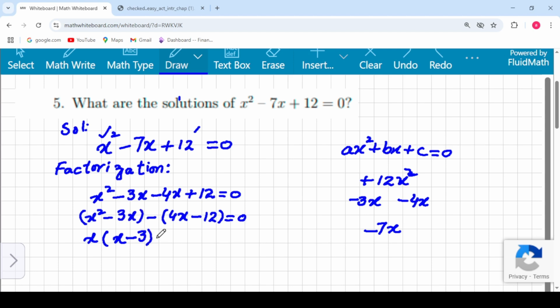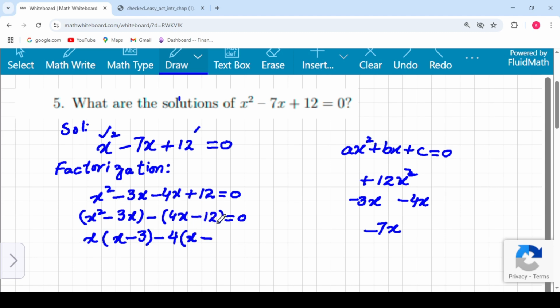Similarly, in minus 4x minus 12, you can see that we can write 12 as 4 multiplied by 3. So we can take 4 common from here. If we take 4 common, it will be x and minus as it is.